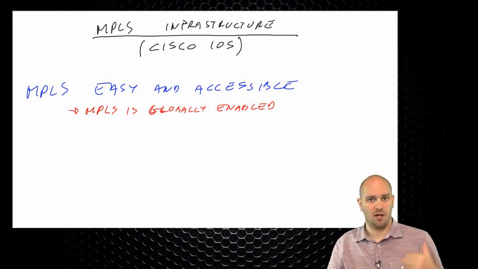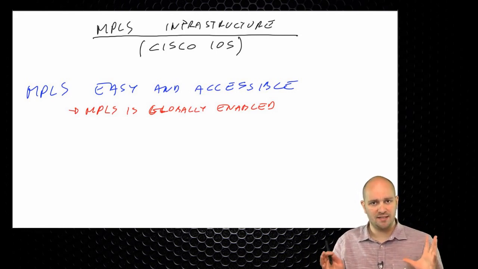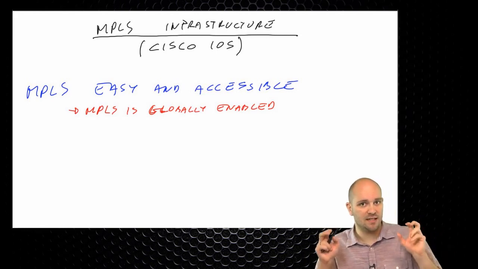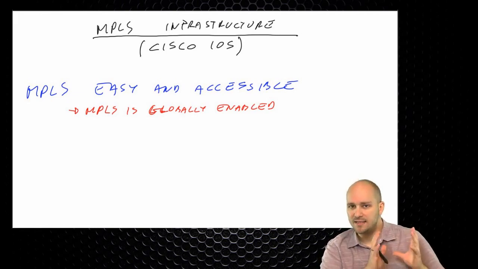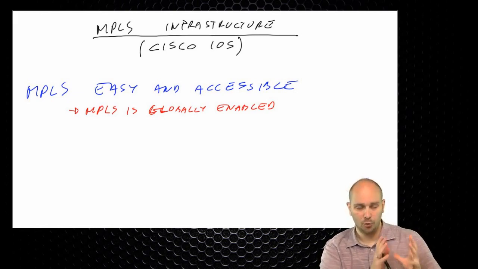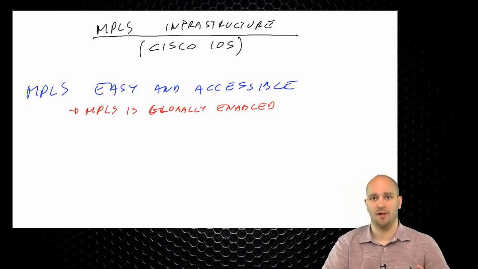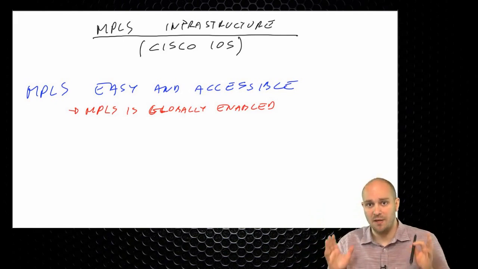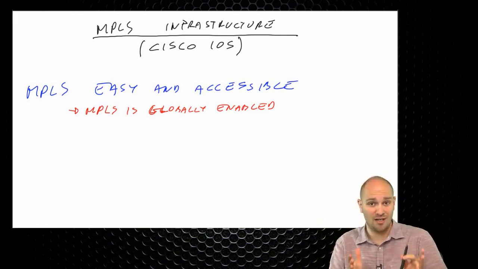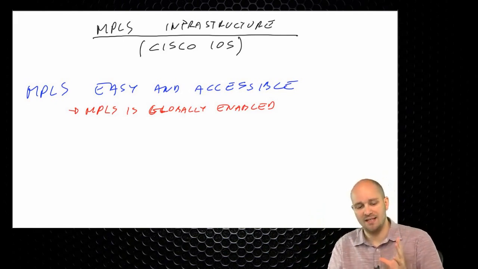Now, MPLS, or the label switching, is not enabled on any interfaces by default. I will talk about all these things in great detail, but they are actually in standby there. They are waiting to be turned on, and the moment you enable MPLS on one interface, a whole set of things happens behind the curtains without you actually having to do anything, because MPLS is right there, globally enabled and ready to go.